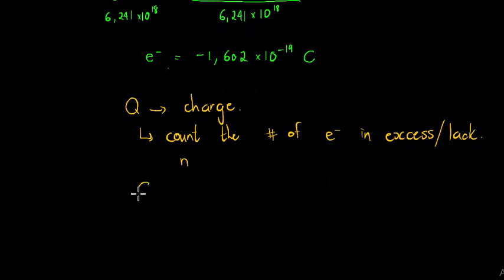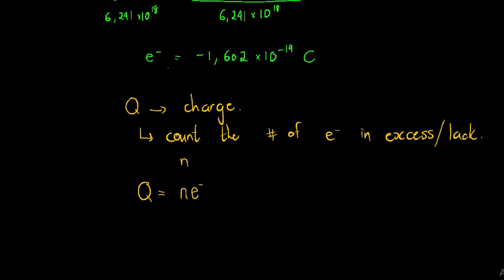So the charge of an object that has more or fewer electrons than it has protons will be calculated by multiplying N with the charge on an electron.